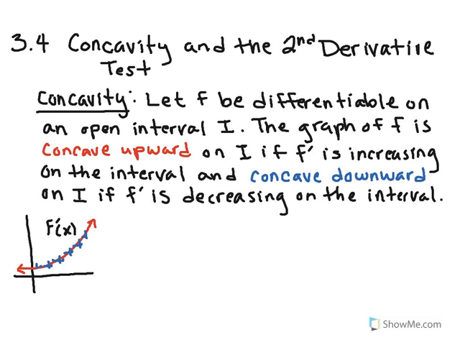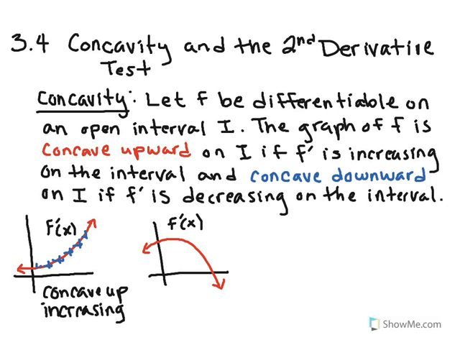So in this case, we call this concave up and increasing. And if I were to look at this next picture, I see that my slopes are all decreasing here, and so forth.